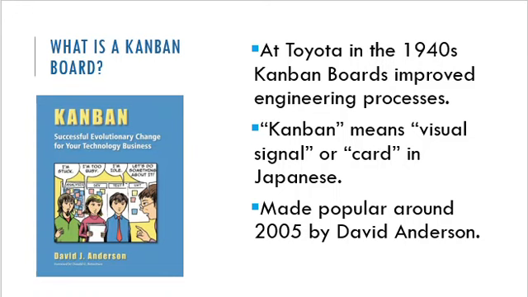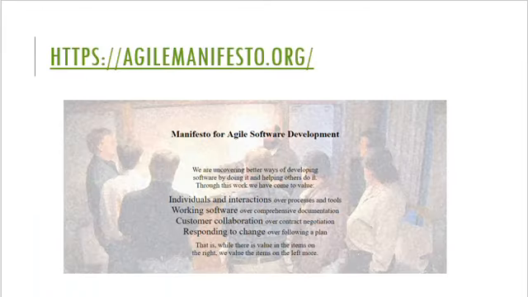In the year 2005, David Anderson published a book on Kanban, and it became even more popular. Elsewhere, a desire to make work more efficient or agile was also taking hold in the software development world. In 2001, a group of leaders from various industries convened in Snowbird, Utah, and they wrote the Agile Manifesto.